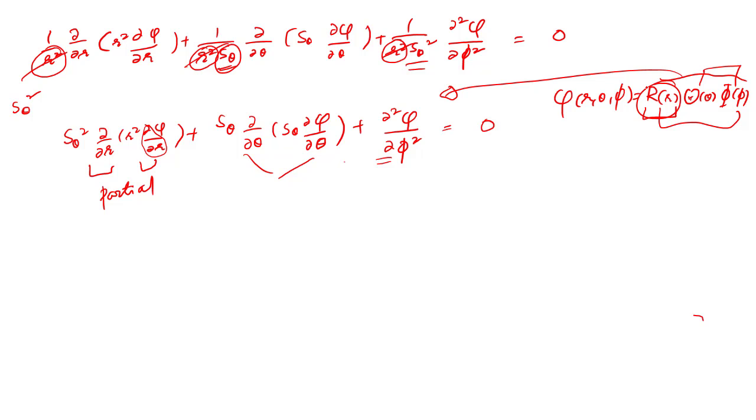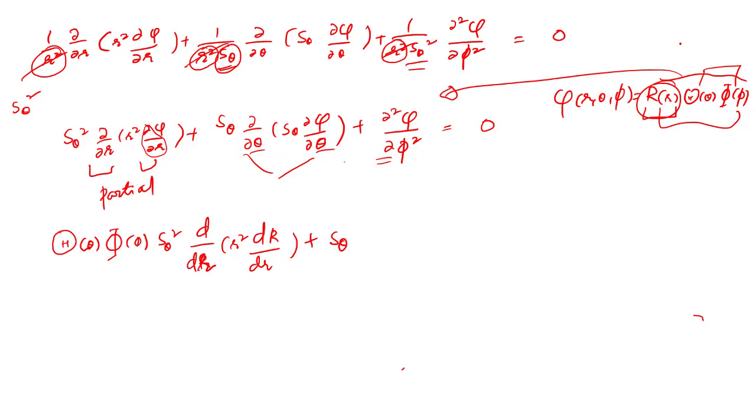So dou by dou r would only act on R of r, so it becomes a full derivative. So then I can write this as Theta of theta Phi of phi sine square theta d by dr of r square, sorry, this is the little r, dR by dr. Similarly, here I would have sine theta, and the d by d theta would only act on the Theta of theta function.